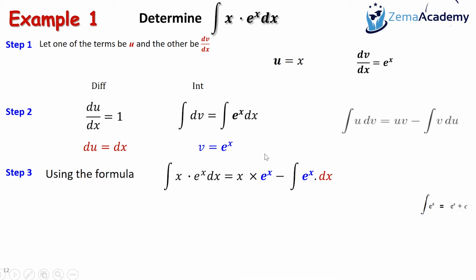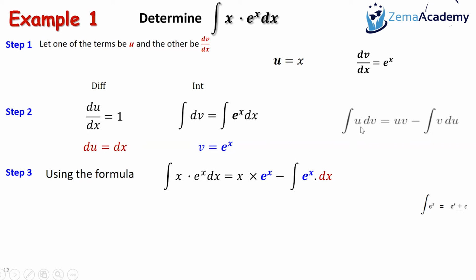What is v? V is e to the power x, so here it is. And what is du? Du is dx. Is it clear? All I have done is find the differential of u and the integral of dv, and I have substituted those values in the standard formula.